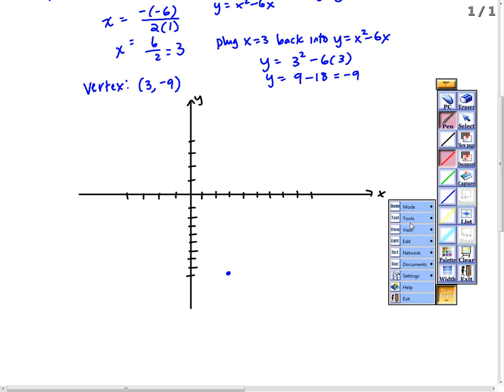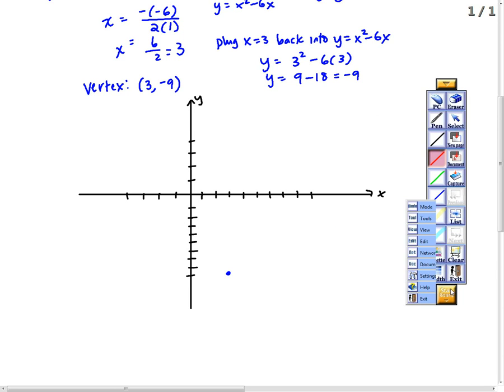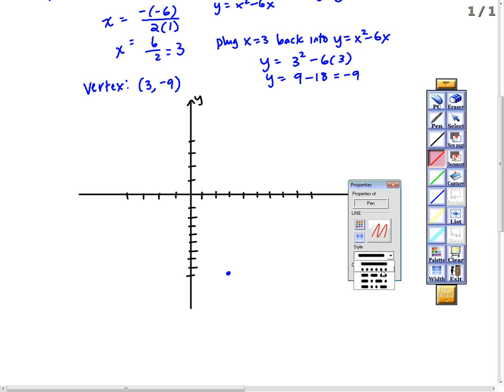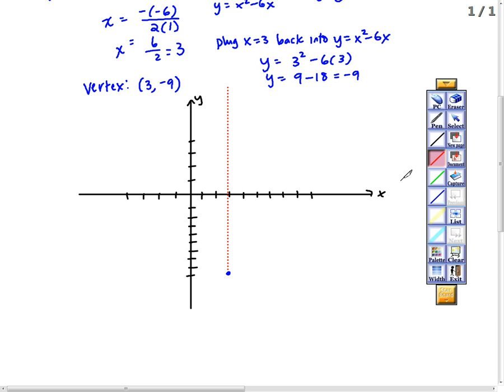I know there is an axis of symmetry going through that point. That's what the vertex tells us. So I can draw a line, a beautiful straight line, through my axis of symmetry. It should really cross at 3, but that's close enough for my work.